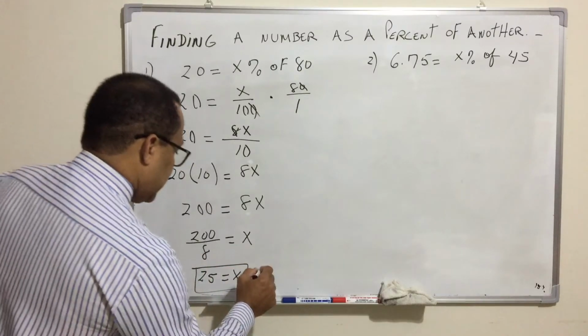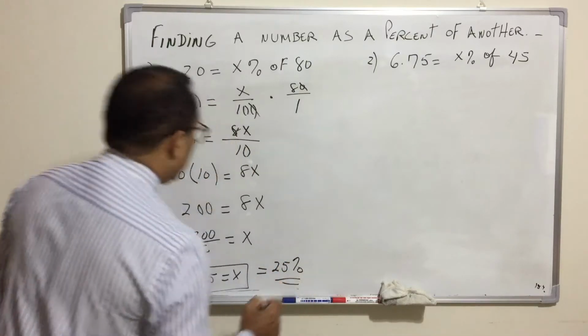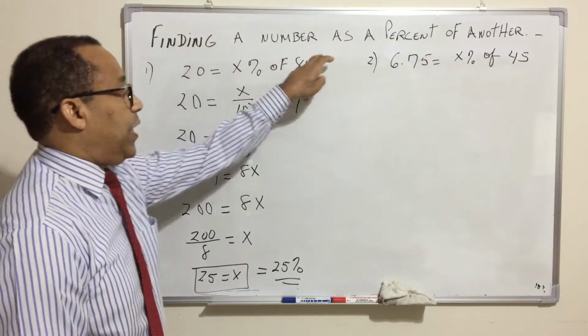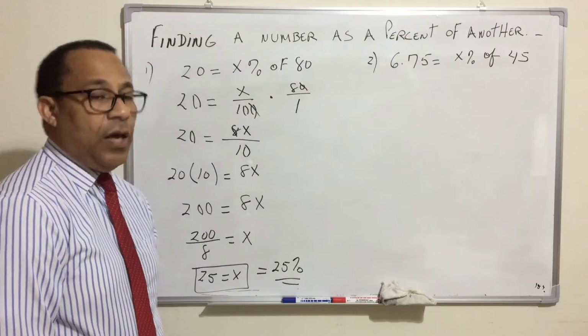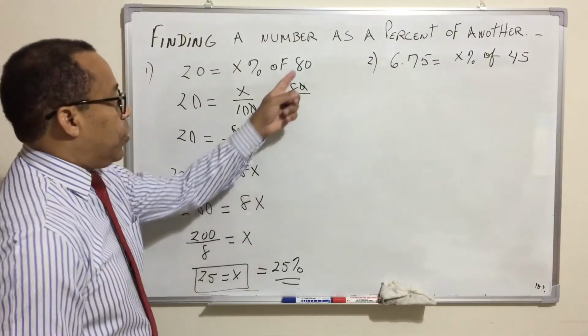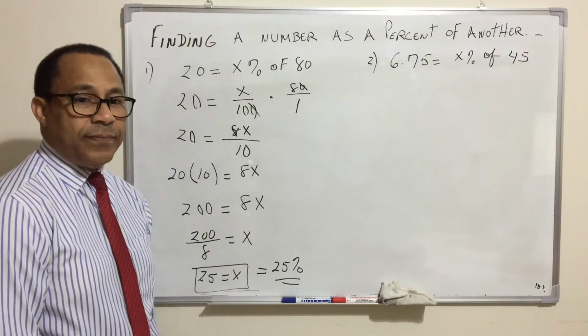So the answer is 25%. If you receive $20 in addition to the $80 you're making a week, you are receiving 25% over your base salary of $80 a week.